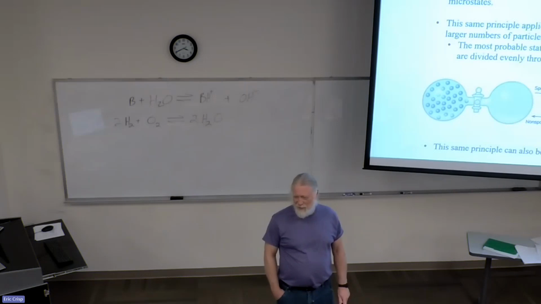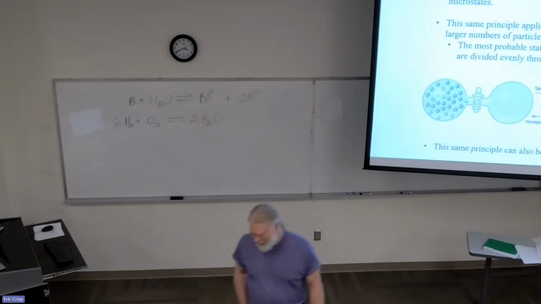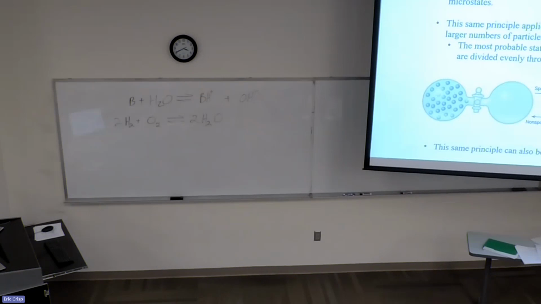So 1 over 2 to the 30th. Oh, I got it. Yeah? Okay, now inverse.